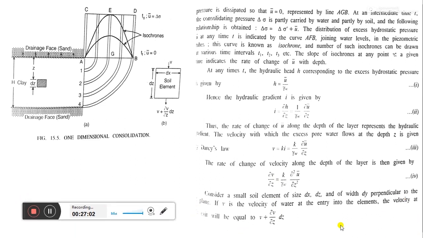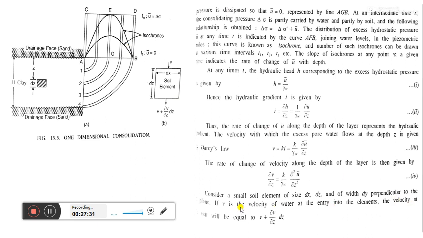Just see what is derived by Terzaghi. Consider a small soil element of size dx, dz and of width dy. This is the soil element. The size is dx in the x direction, dy in the y direction, maybe in the opposite direction, which is not visible because it is a two-dimensional figure, and dz is the height.